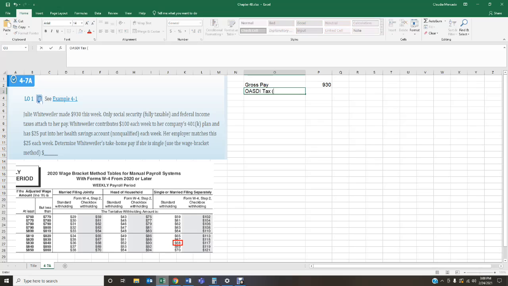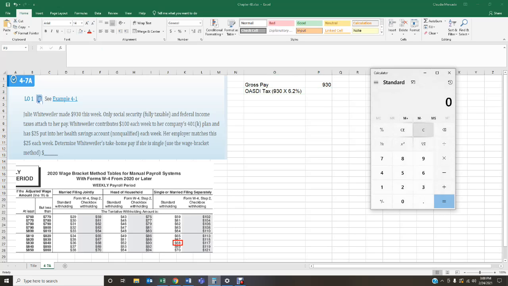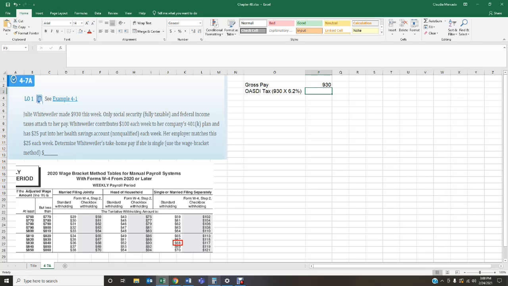And then that's going to be $930 times the rate of 6.2%. Okay? And then that's going to give us 930 times 6.2%, 57.66. Okay? Now, because it is a deduction, I'm going to put it in parentheses or a minus sign.